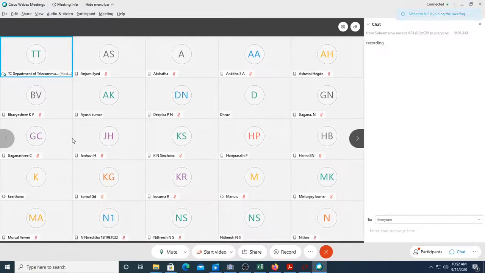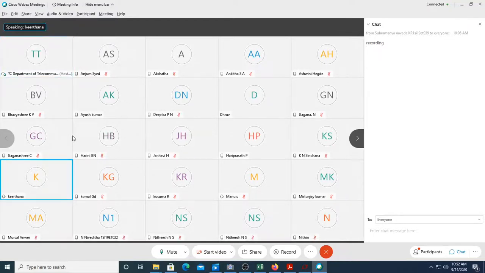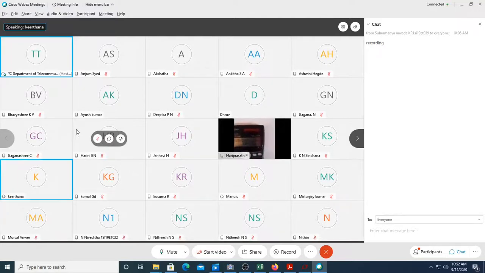Hello, sir. What are the values you're getting? Sir, for 1.692, I got 418 microampere. Then for the other value, 671 millivolts.